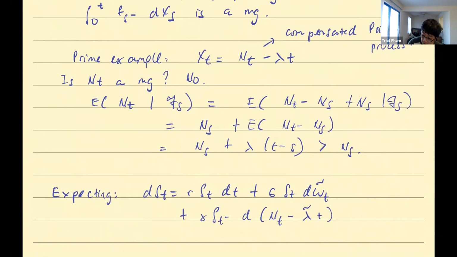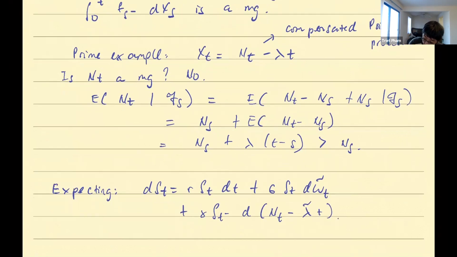Okay, so this is a risk neutral version of the Black-Scholes model, right? You see why?